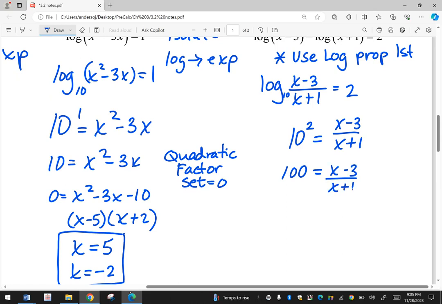In a situation like this, I'm going to have to take this whole denominator and multiply it all the way across. And I'm going to subtract that x, make 99x. I'm going to move that 100 over. And now I can solve for x. X equals negative 1.04.